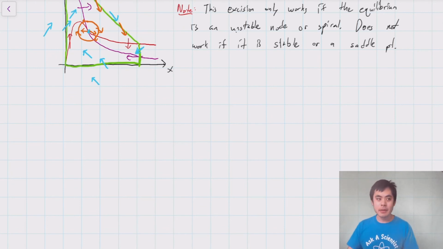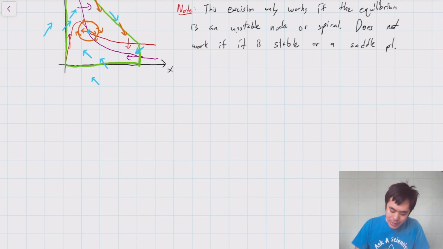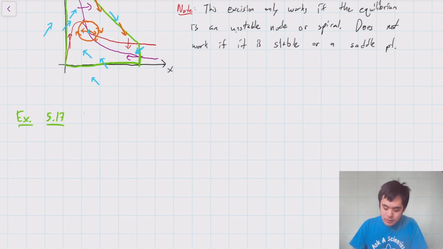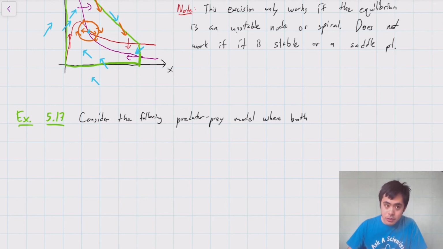And for this, we're going to go back to Linda Allen's textbook, and we're going to do example 5.17 from the textbook. So let's consider the following predator-prey model, where both species grow logistically in the absence of the other.